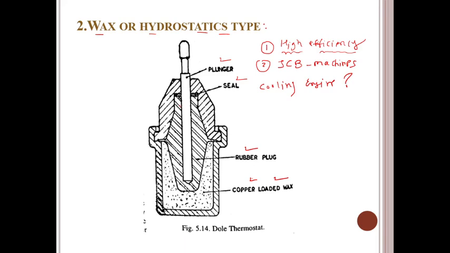So why is the thermostat used? What is the use of these thermostats? There is an optimum temperature at which the engine can produce maximum efficiency, in the range of 75 to 85 degrees Celsius.